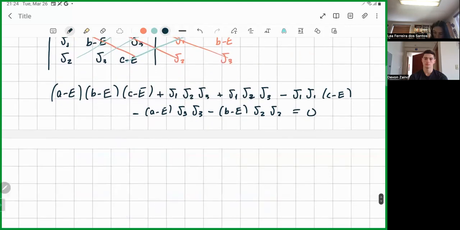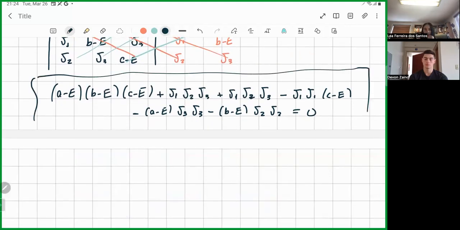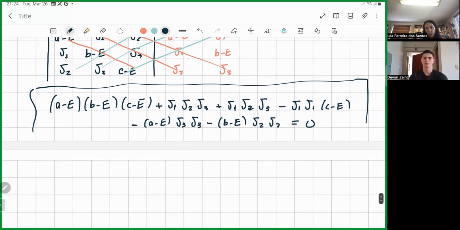Okay, so this is the kind of equation now that you will have to solve. You will see that many of the elements in these matrices for the problems will be 0, so many of these terms will be 0. It's not as bad as it looks. But the important thing is, if you open all that, you would have a polynomial of third order.